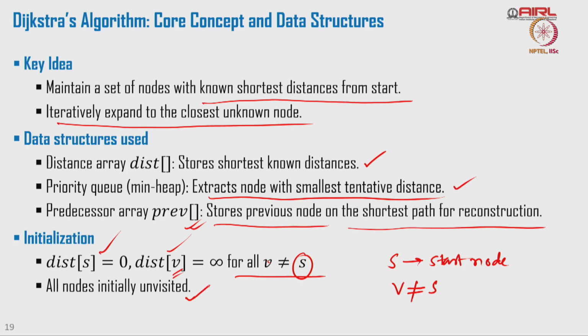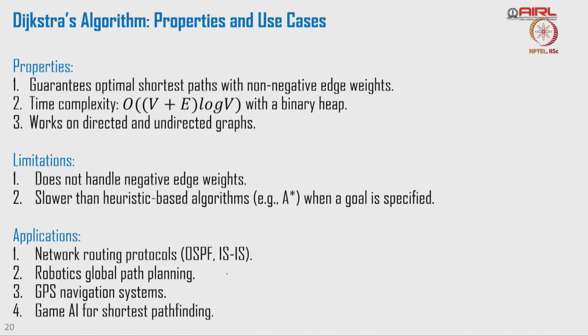For the start node the drone is already there, that is why the distance is equal to 0, and all the nodes V not equal to S have distance infinite. We will see it clearly in the example. It guarantees the optimal shortest path for non-negative edge weights.